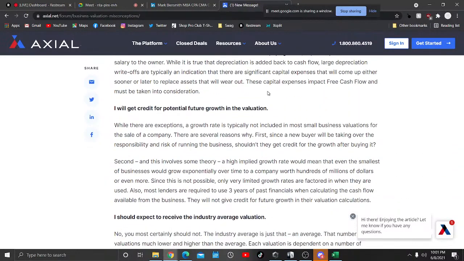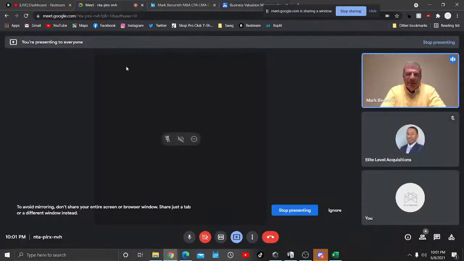I've seen that happen in a transaction, and ultimately that transaction went under simply because they took out depreciation when they should have left it in. So if you took the boilerplate, cookie cutter approach into that transaction, which this private equity firm did, they ended up losing millions because they didn't realize depreciation should not be taken out.